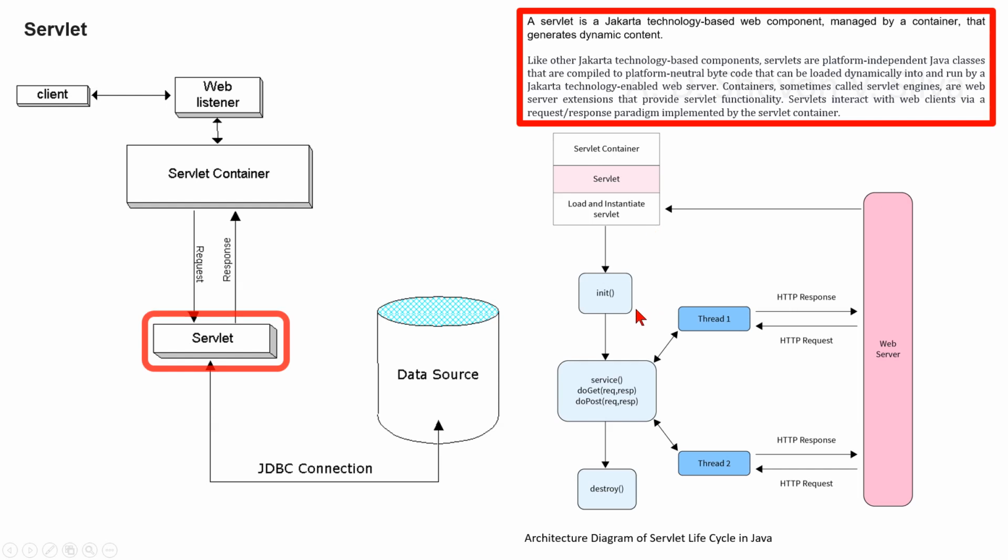Initialization. After the servlet object is instantiated, the container must initialize the servlet before it can handle requests from the client. Initialization is provided so that the servlet can read persistent configuration data, initialize costly resources such as JDBC API-based connections, and perform other one-time activities.